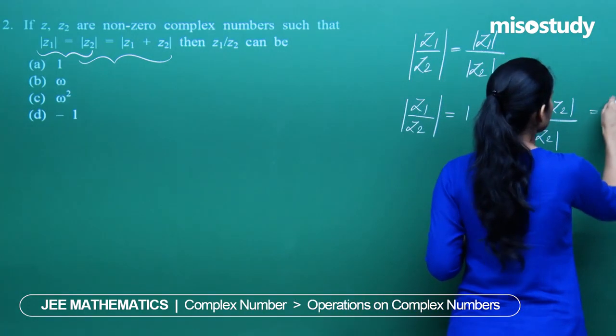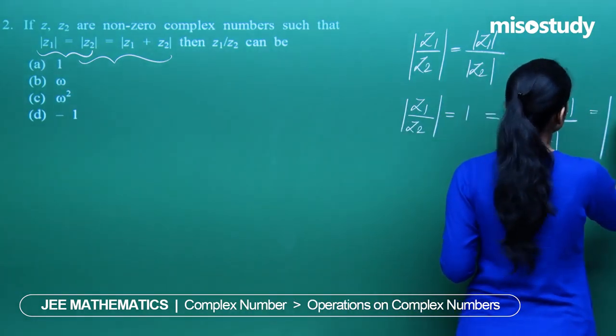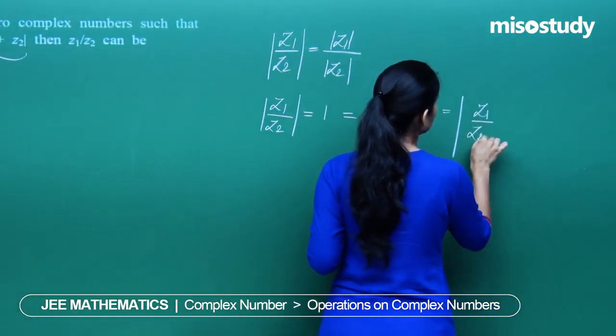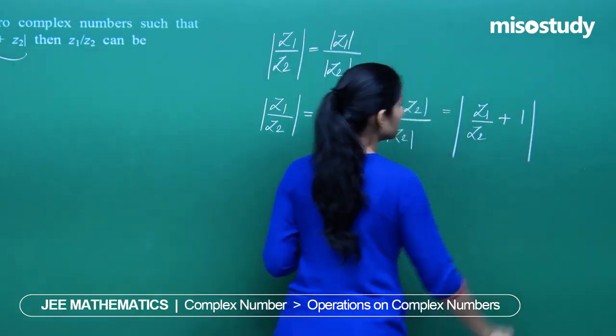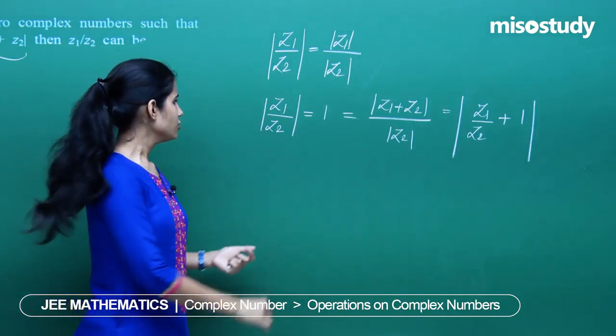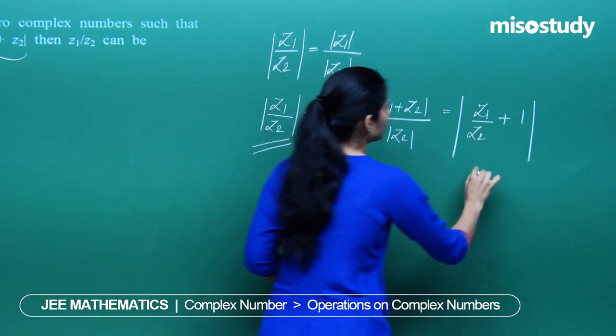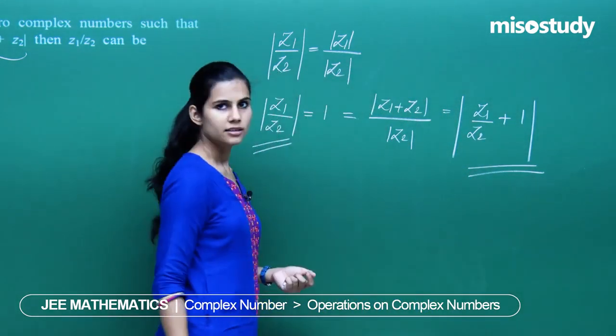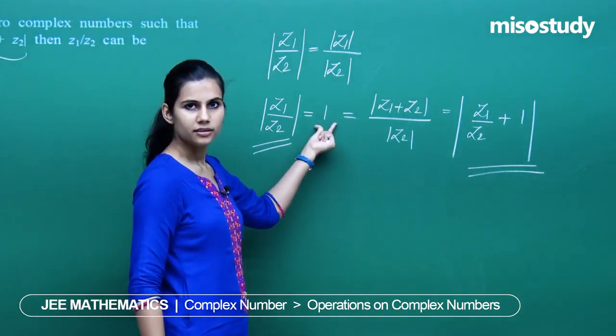This can be written as mod of Z1 by Z2 plus Z2 by Z2, that is 1. So what do you mean by this equals this, which is equal to 1?